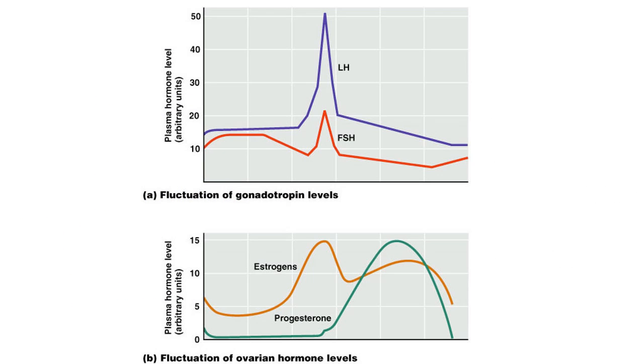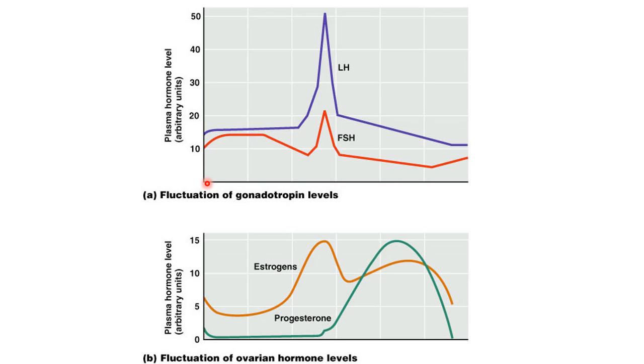These 2 graphs will illustrate the fluctuating hormone levels that occur during the ovarian cycle. The top graph here, we see that in the follicular phase, so if we look at the timeline on these graphs, the first part here will be the follicular phase. The spike here that we see in luteinizing hormone is going to be the ovulation, and then post-ovulation will be the luteal phase.